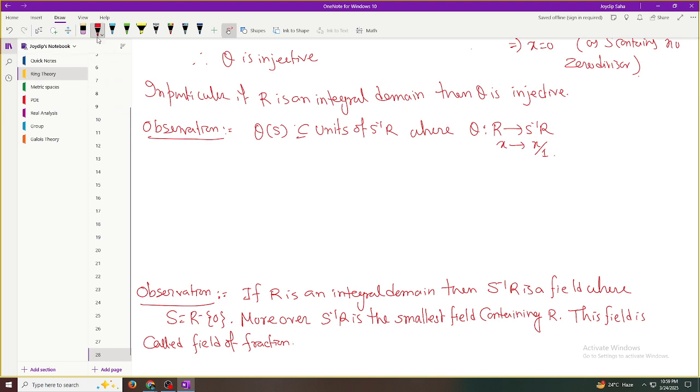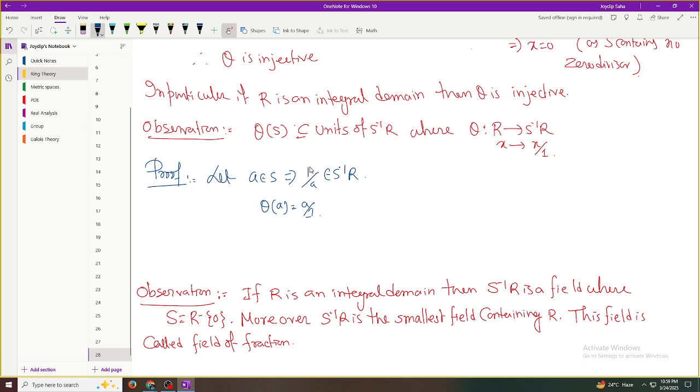proof. Let a belong to S, this implies 1 by a belongs to S inverse R. Now theta a equals a by 1.